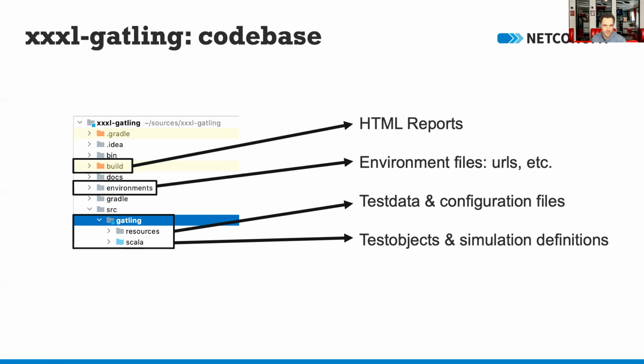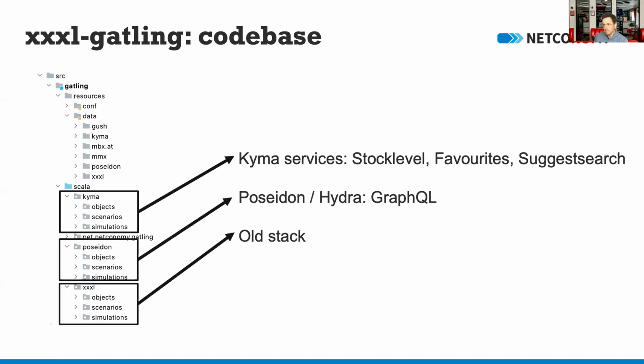And going into more detail, how I set that up. I mean, that's based on that advanced tutorial. Doesn't matter if you look at the Kima, the Poseidon, or the XXX LUTs simulations, we always have a simulations folder, and this contains the simulation which you want to start.